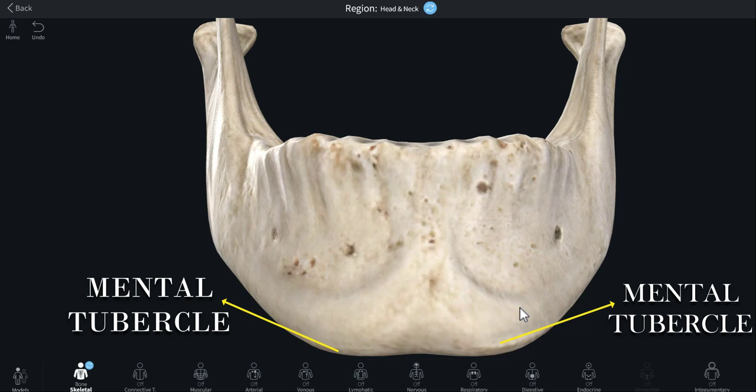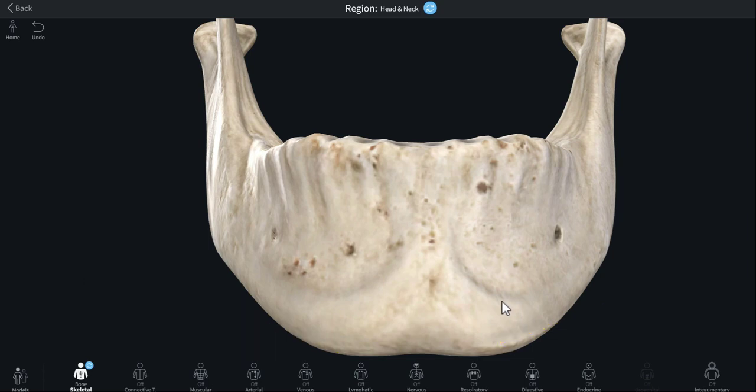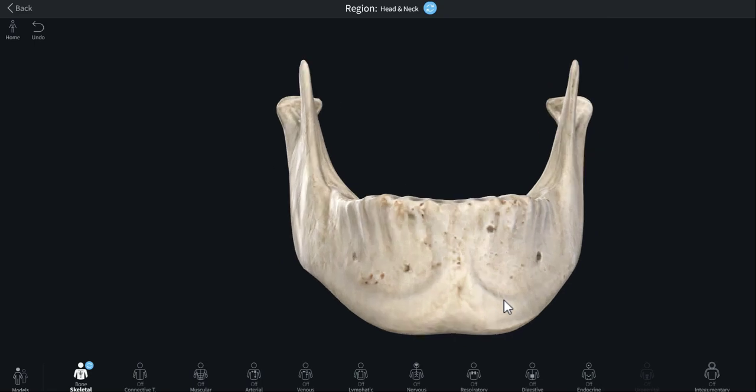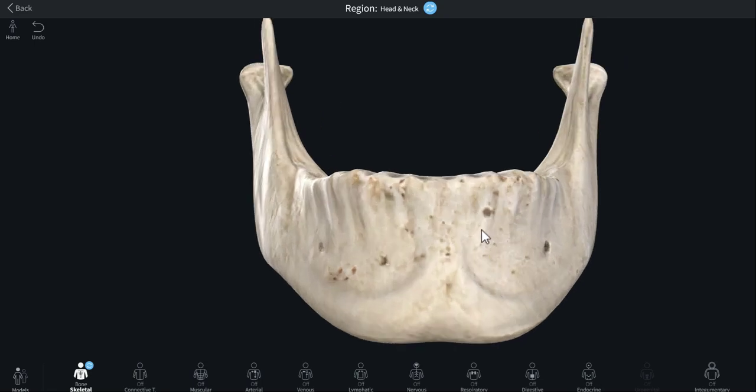All right, that is the mental tubercle. So first we have the symphysis menti, then we have the mental protuberance, then we have the mental tubercles. All right, so far so good, I feel like. Okay, so now let's move on.